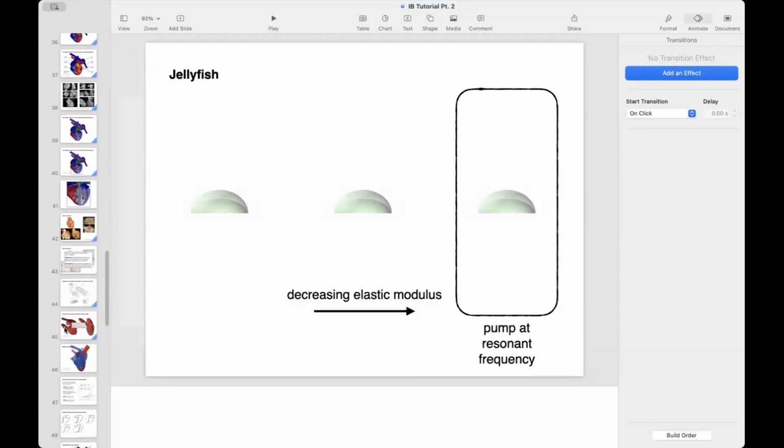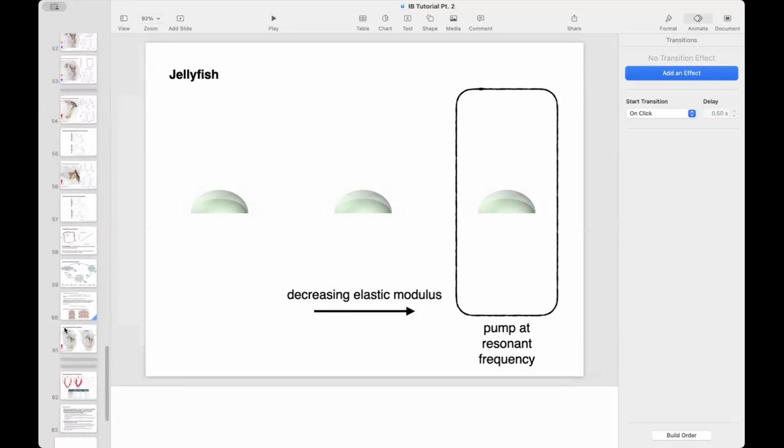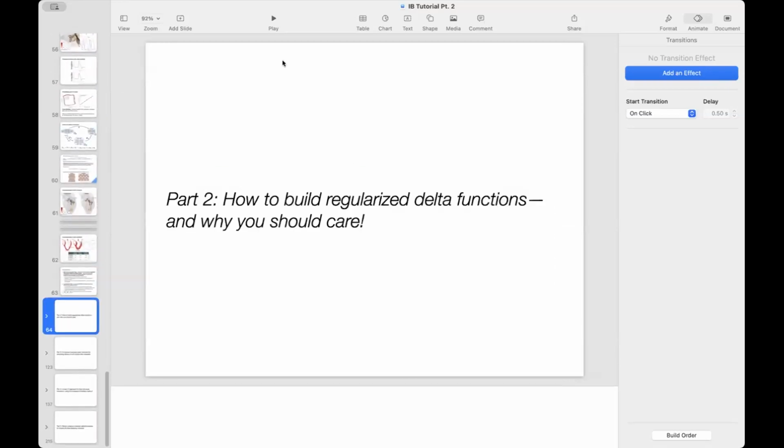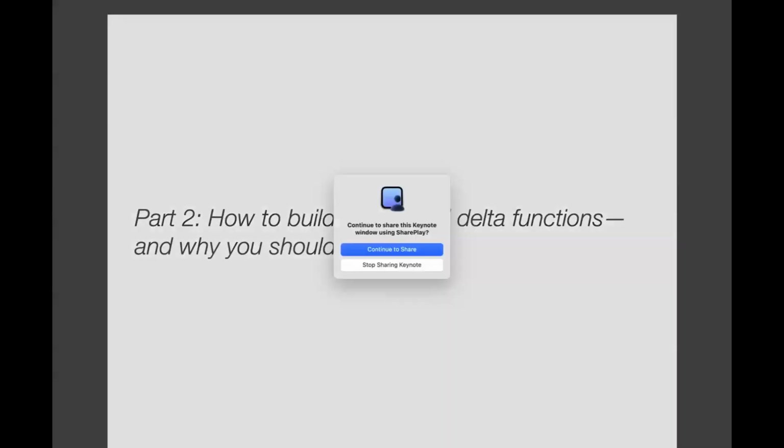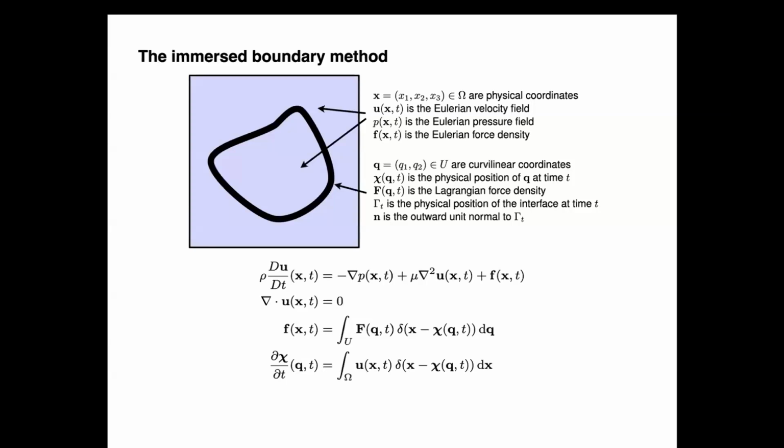So let me tell you about delta functions. All right. So how do you build delta functions? So inverse boundary equations. These are basically the same equations that Aaron showed in part one.